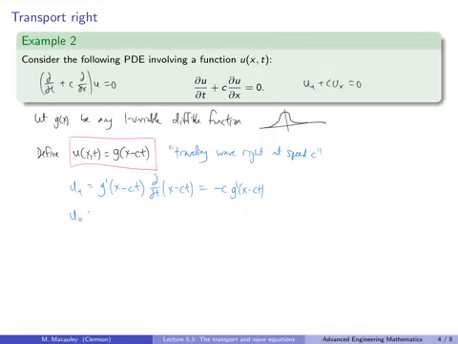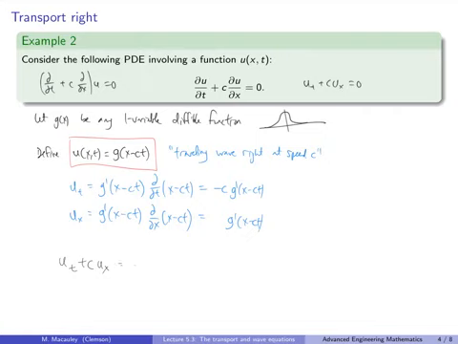and that ux equals g prime of x minus ct times d/dx of x minus ct, which is 1 times g prime of x minus ct. So clearly, if you take ut plus c ux, so if you take this guy plus c times this, you clearly get 0.